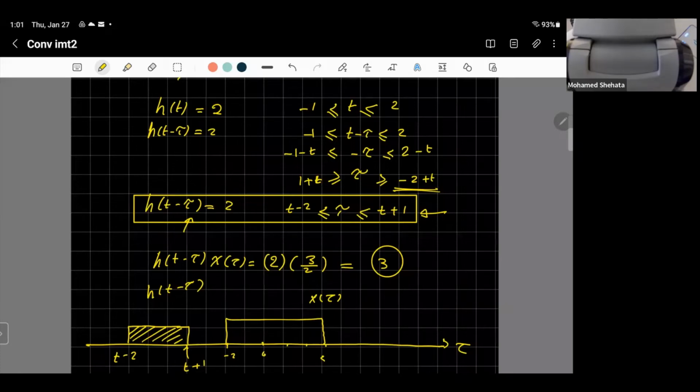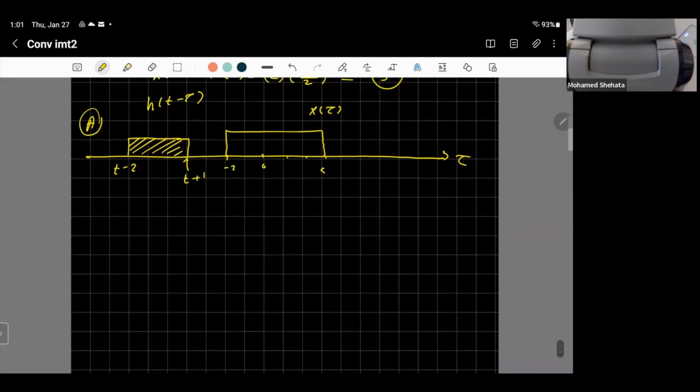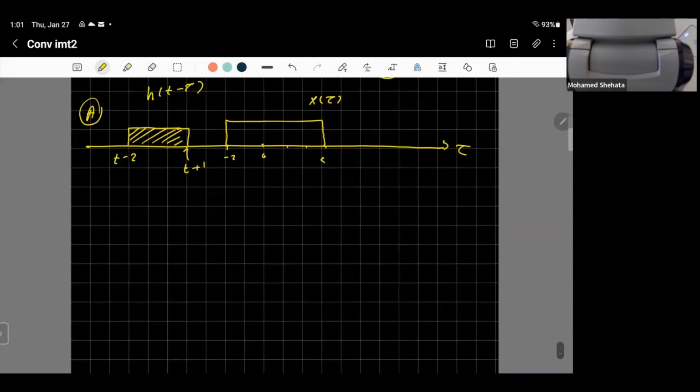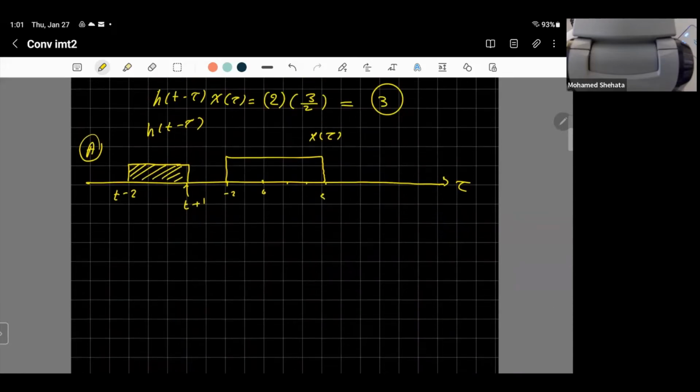First, that's the first case. I call it case A or stage A. No overlap. Then if I ask you, how do you find the interval for no overlap in this diagram that you see? In other words, can you give me an inequality of the time t that will satisfy this stage?